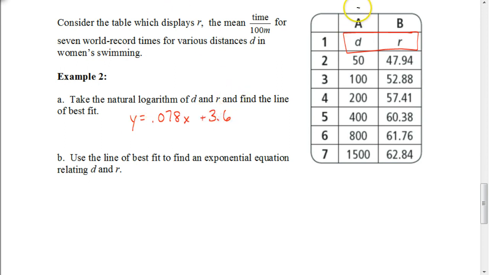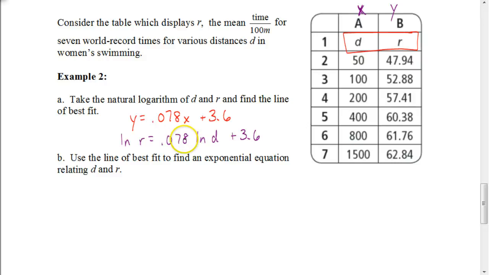But remember what this y represented. This y represented the natural log of these values for R. So I'm actually going to write this as the natural log of R equals 0.078, and x represented the natural log of that column. So it's going to be 0.078 times the natural log of D plus 3.6. So I want to rewrite this in exponential form, basically, is what this is asking me to do.